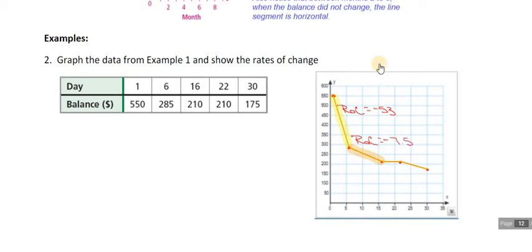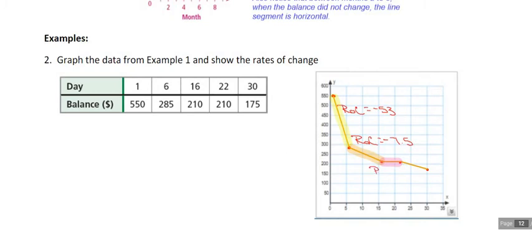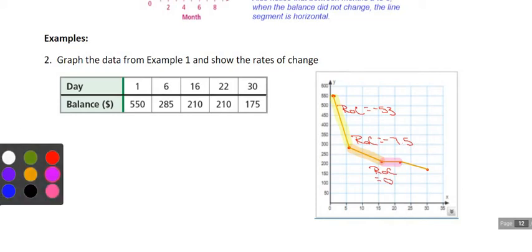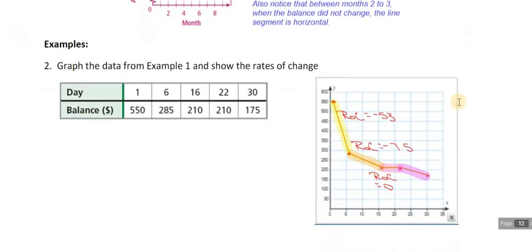For our third interval, it was 0. And then for our last interval, it was negative 4.375.